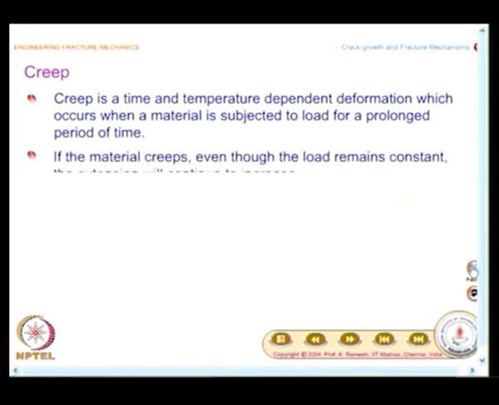mode of crack growth. What is creep? It is a time and temperature dependent deformation which occurs when a material is subjected to load for a prolonged period of time. See, one of the common examples that people would use to explain creep is the tar put on the road.